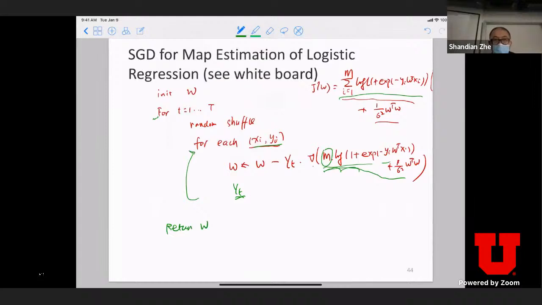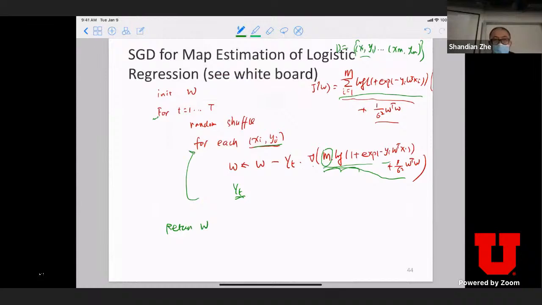M is the total number of training examples. Suppose this is your whole training data. You have M pairs of the training input and the label. When you're doing stochastic gradient descent, every time you only deal with one example.